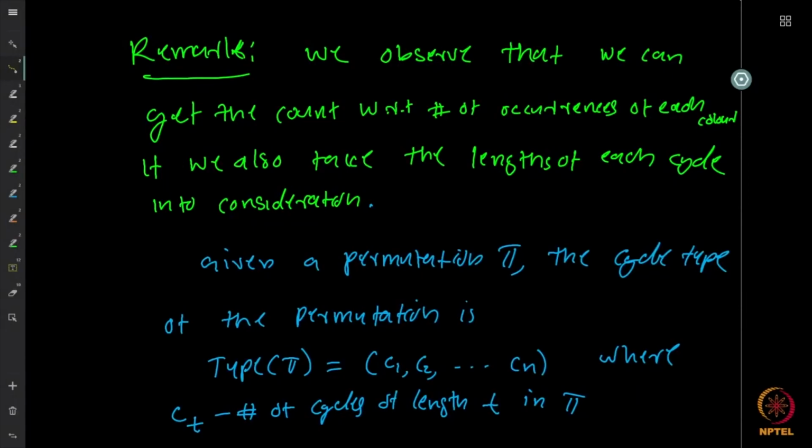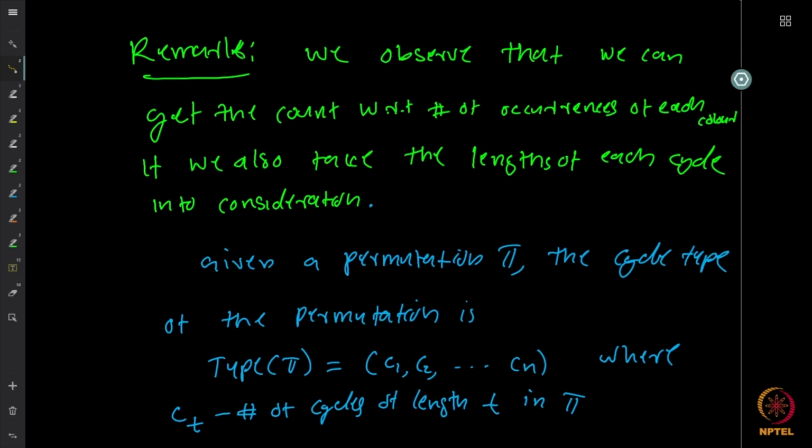Now, so here is a remark. If you want to get the number of colorings with some additional information, like for example, we want to count with respect to the number of occurrences of each color, right? So I want to count the number of G-inequivalent colorings where the red color appears 3 times, blue appears 5 times, and green appears 7 times, etc. Right? So I can do that also.